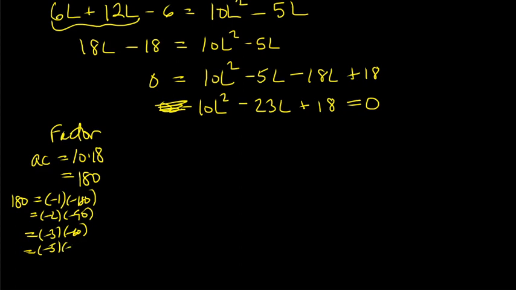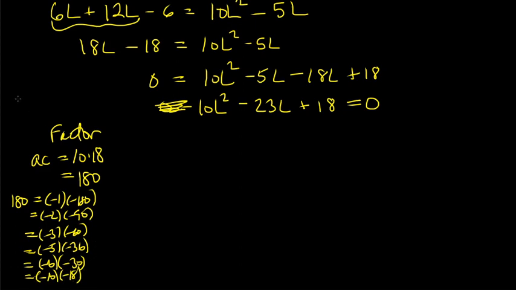What's 180 divided by 5? I don't know, I should be able to do that in my head. 36. Yeah, that's not even close, right? We're looking for negative 23. So it's not negative 6 and negative 30. It's not negative 10 and negative 18. That's 28, negative 28.